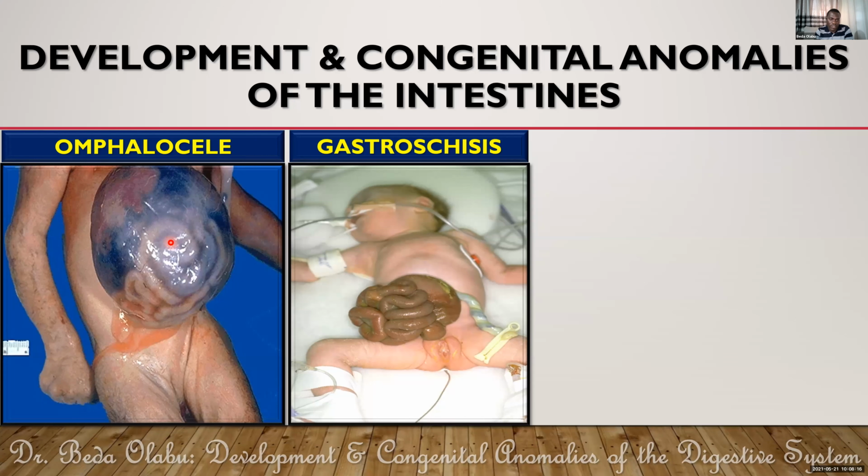Remember those key differences. Now, gastroschisis is a result of a weakness, a defect in the anterior abdominal wall. And so the intestines are suffering because they are the organs near that defect. They just come out through that defect.